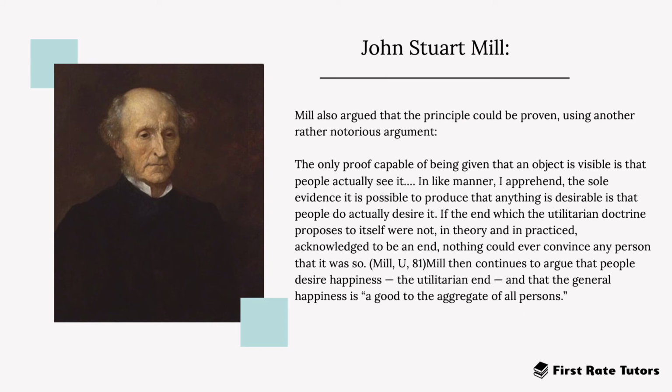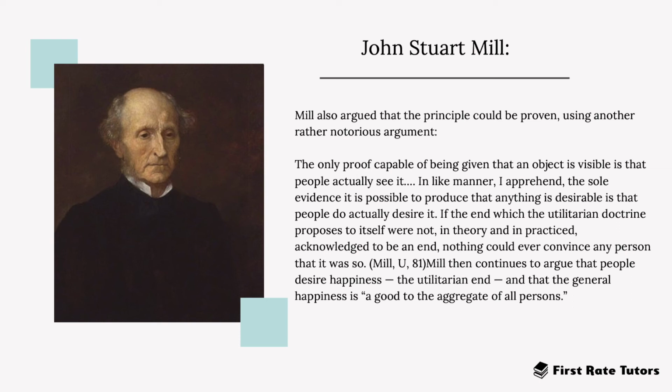Mill also argued that the principle could be proven using another rather notorious argument. "The only proof capable of being given that an object is visible is that people actually see it. In like manner, I apprehend the sole evidence it is possible to produce that anything is desirable is that people do actually desire it.